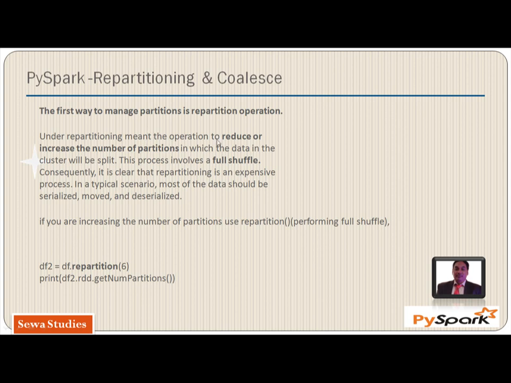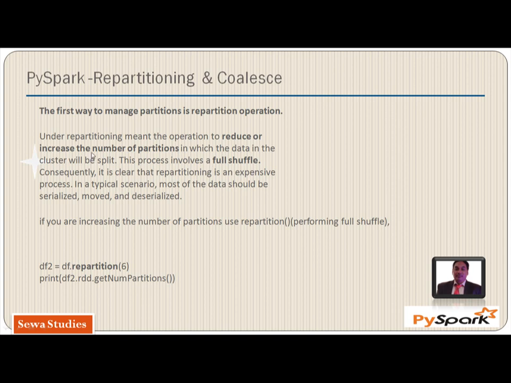Repartitioning means an operation to reduce or increase the number of partitions. Also, this question is asked by TCS and multiple companies: what is the difference between repartition and coalesce, and repartition also increases and decreases partitions, so why use coalesce? Such types of questions, you can also find the answer below.